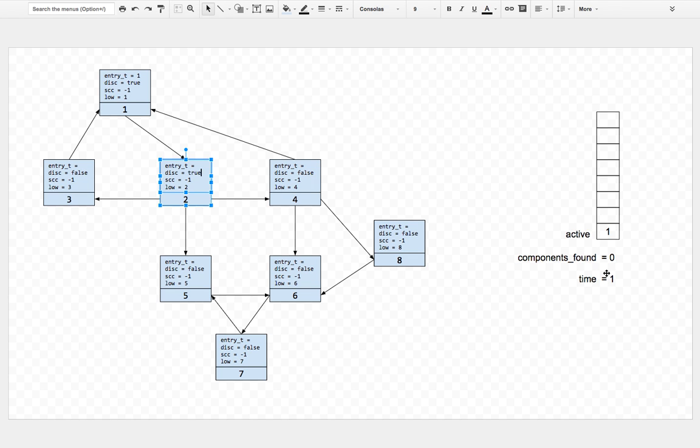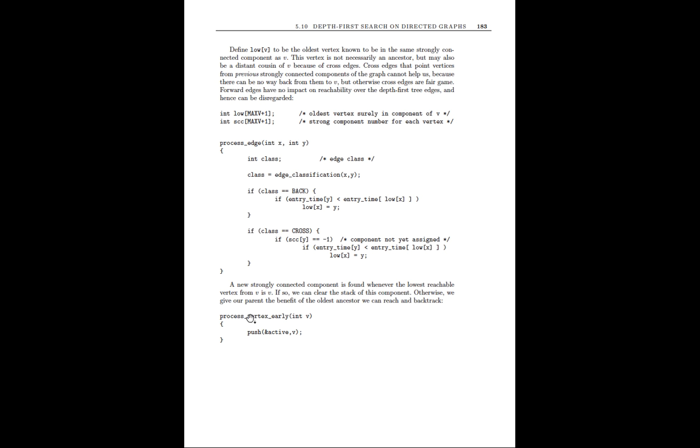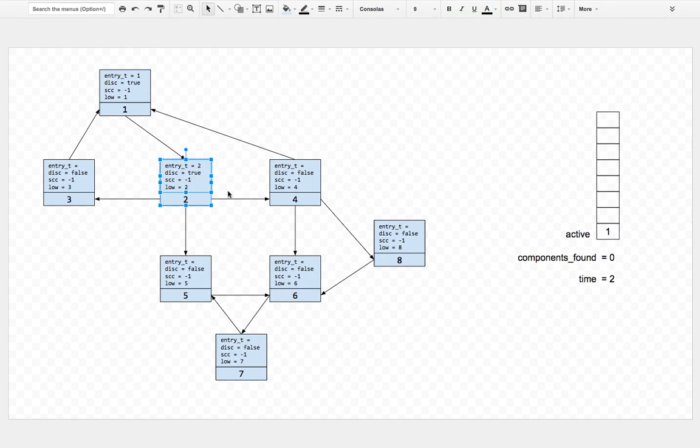And we're going to conduct a depth-first search on that vertex, which involves increasing the time counter by 1, and making the entry time to that particular vertex equal to the current time. From here, we process this vertex early. And again, the process vertex early function just pushes the vertex onto the active stack.